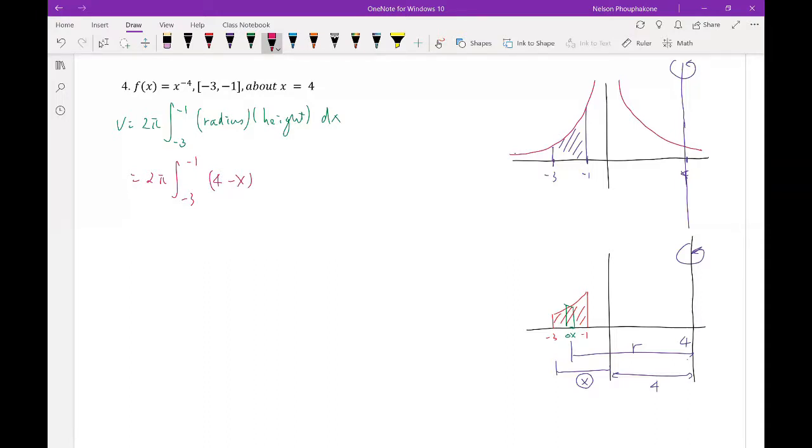So again, when x is -1, then the distance from here to here is 5. When x is -3, from here to here, it will be 7. So that's why we need to have 4 minus. And the height, of course, will be x to the power of -4.